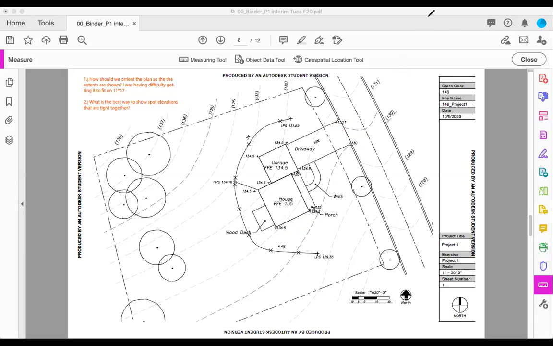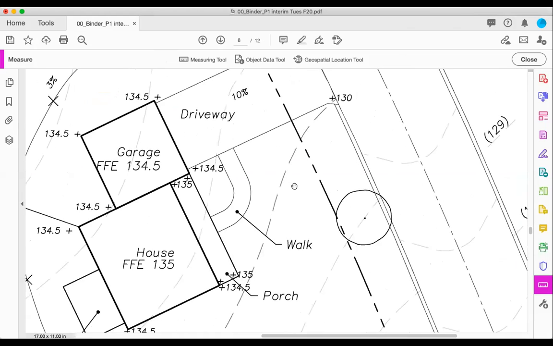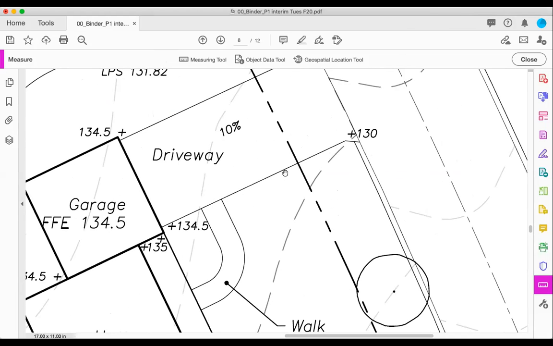You need to maintain 5% maximum slope for the first 10 foot away, which means you should have a 10 foot mark somewhere here. I don't know exactly, but I assume it's somewhere here. Yeah. Have a 10 foot, yeah, at 5%, right? And then where's the high side and low side? Okay, the high side, this is the high, that's the low, right?